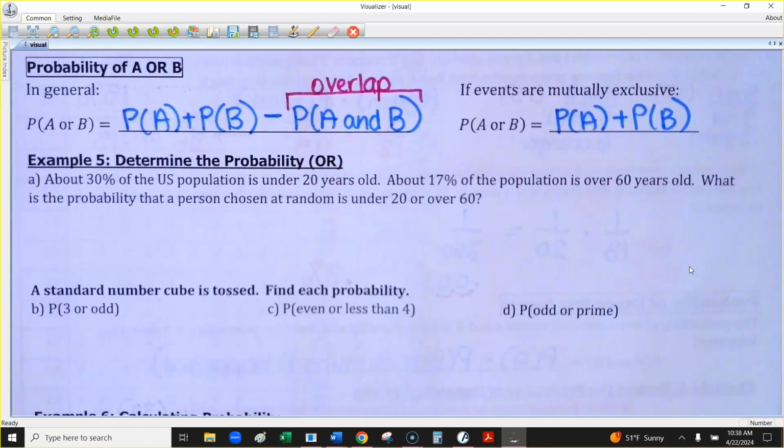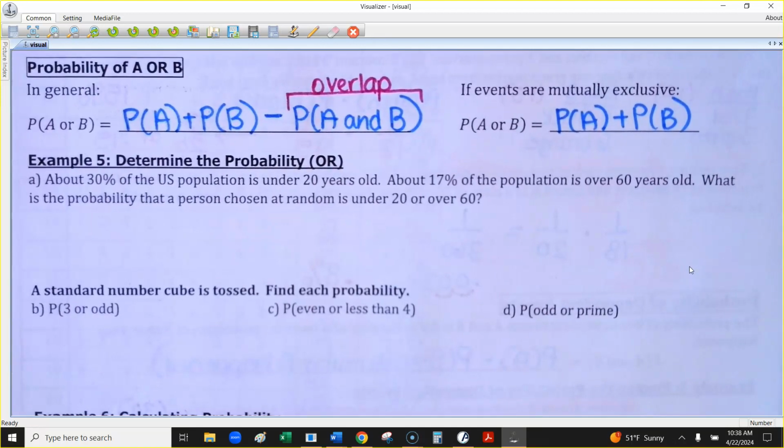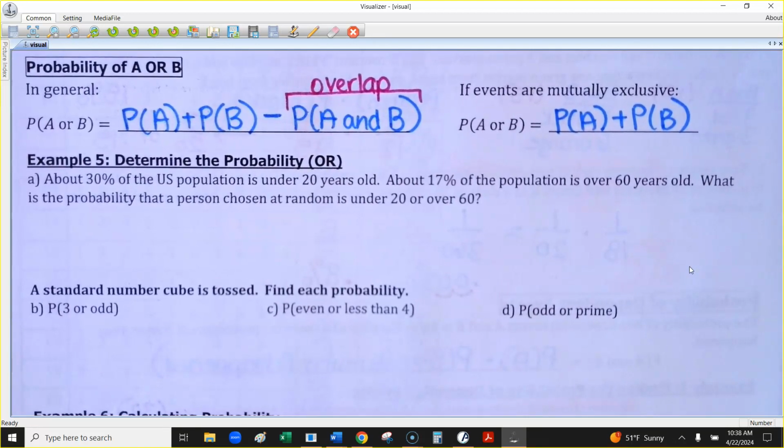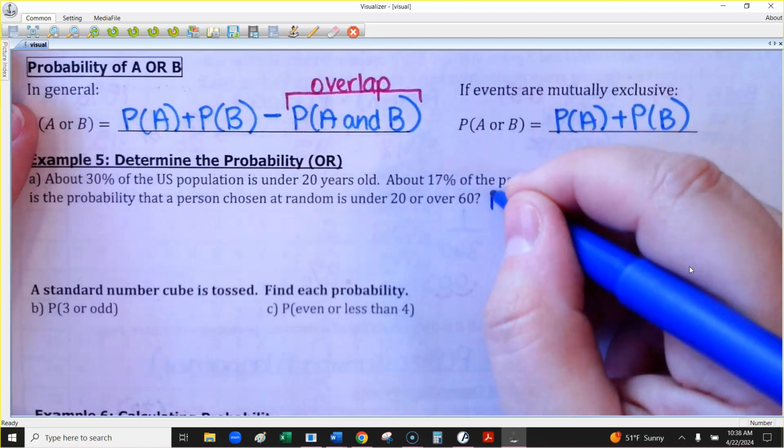Okay, so it says about 30% of the United States population is under 20 years old. 17% of the population is over 60. What's the probability a person chosen at random is under 20 or over 60? Can I be younger than 20 and older than 60 at the same time? No. Okay, so these two are mutually exclusive.